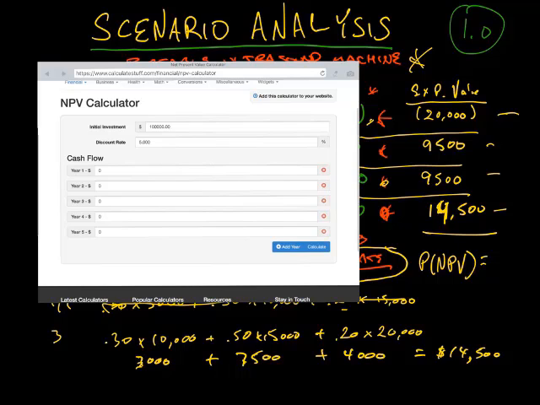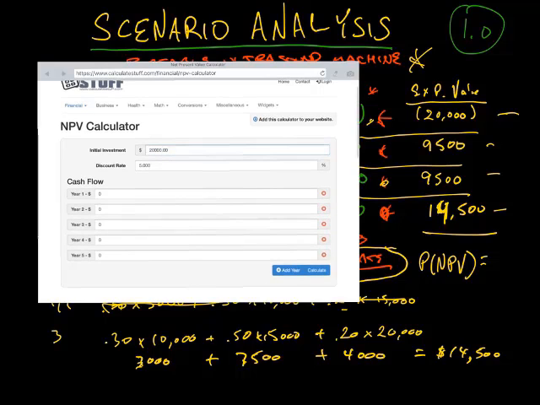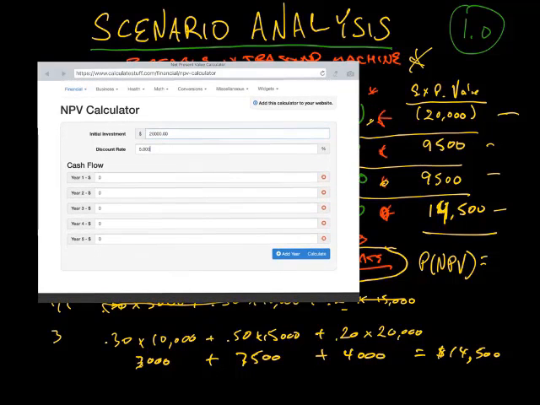Okay, our initial investment, we know what that is. That's $20,000. Our discount rate, what would that be? That would be our corporate cost of capital. Now, we haven't talked about that, so let's plug in a corporate cost of capital.